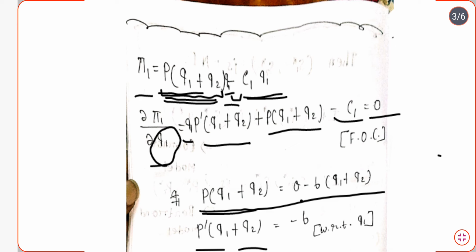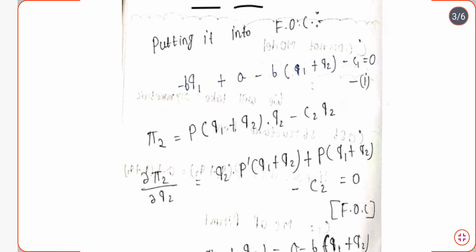A is a constant, so it will not be present, and Q2 is also a constant, so it will also not be present. But in minus B into Q1, the Q1 will be differentiated with respect to Q1 and converted into 1, and minus B is the only part that will be present. So P'(Q1 + Q2) equals minus B.